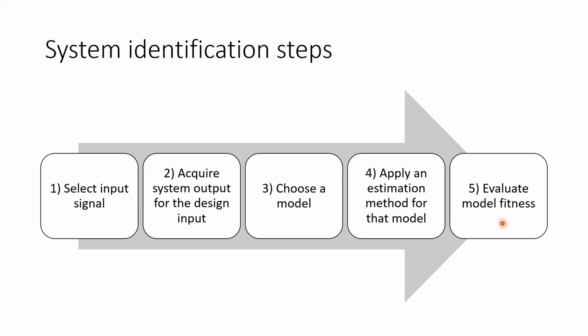Take the signal, choose the input, capture the output of the system based on that input, choose one model, apply the technique and find the model based on the data, and then evaluate if that model fits the original data. If not, basically we have to repeat these 5 steps again and again until we find a model that properly represents our system. That's the main idea in this case.